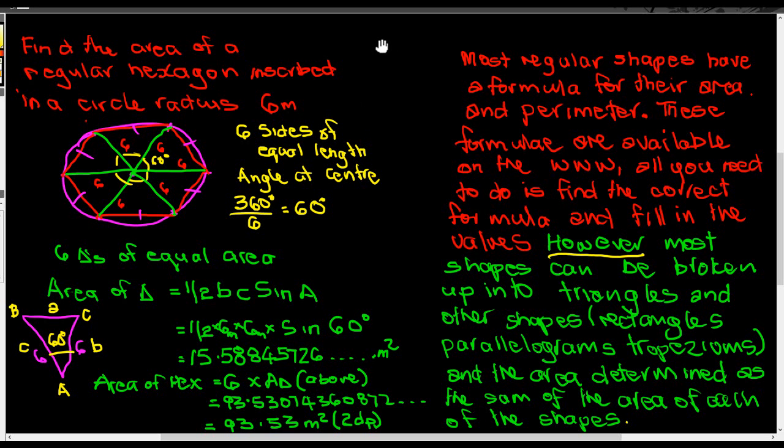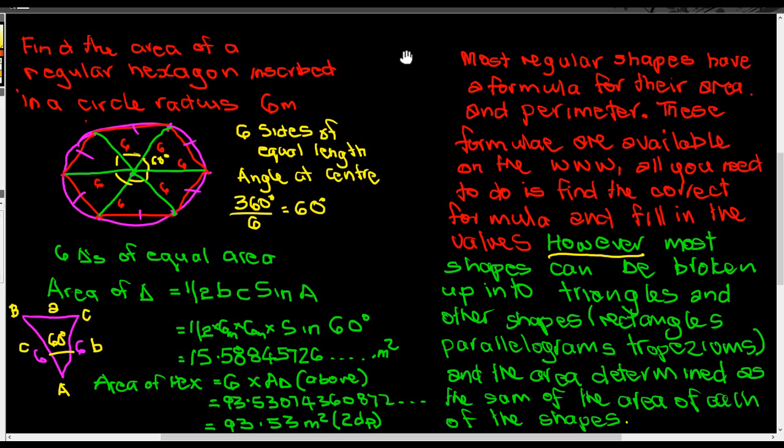So we have our regular hexagon, pentagon, depending on the number of sides. A square, of course, is a regular four-sided polygon, and the equilateral triangle would fit into this as well, where all of the sides are the same length and the angles at each of the corners of the polygon are equal as well.